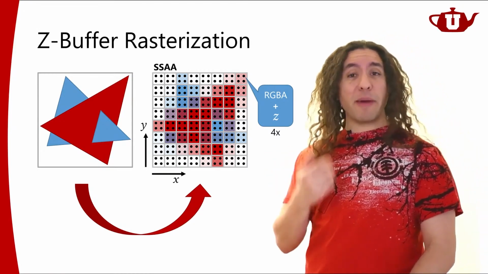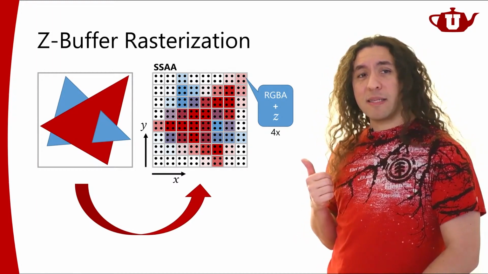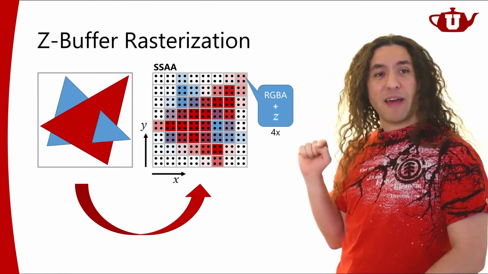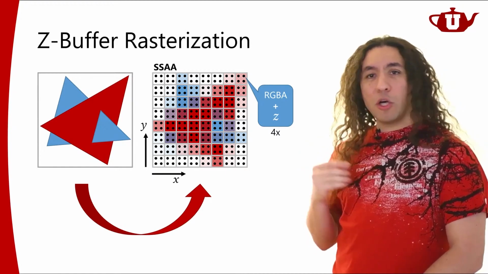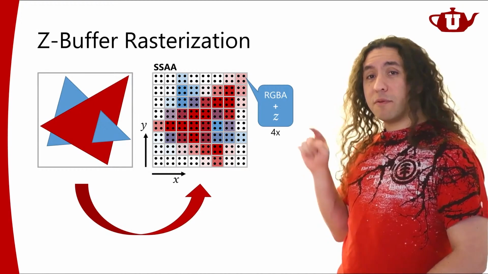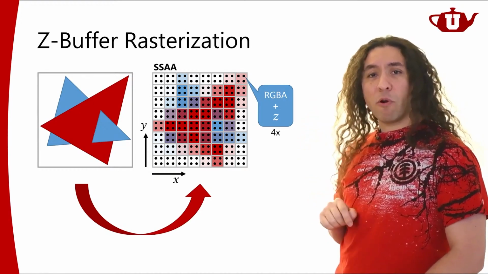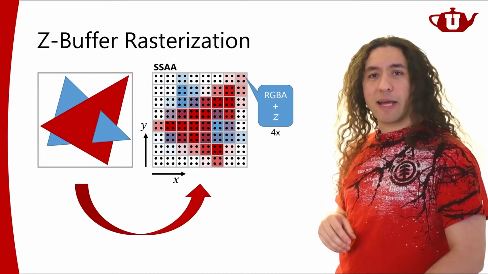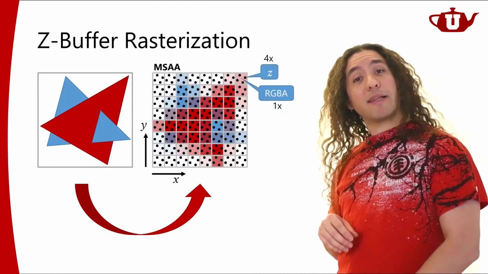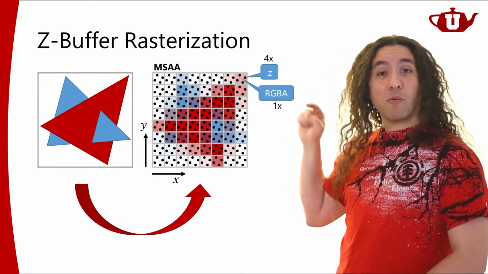Well, we can do something a little better with z-buffer rasterization. We can sort of simplify this. Now, remember, for visibility, what's important is the depth, the z value, right? That's what we're trying to compute in multiple places on a pixel. So instead of storing color plus depth in 4 different places with 4x anti-aliasing, I could use what we call multi-sample anti-aliasing, in which case I'm storing 4 depth values, but only 1 color value.